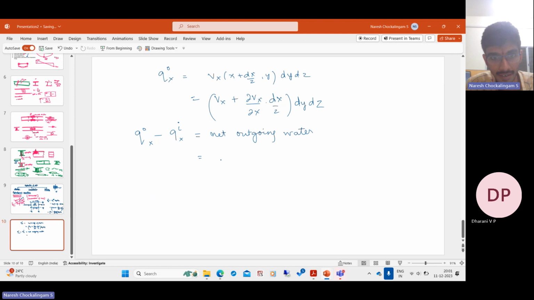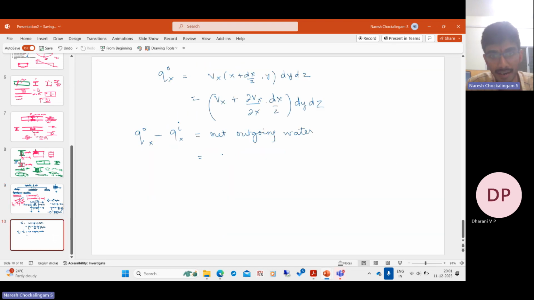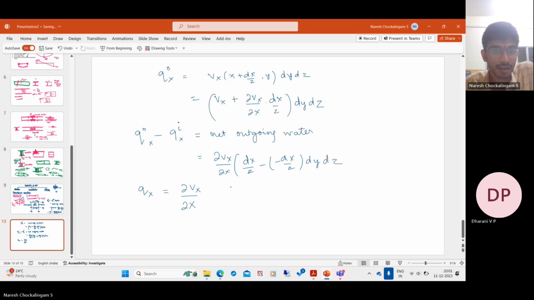If you subtract, Vx gets cancelled, and you're left with partial Vx by partial x, dx by 2 minus minus dx by 2, dy dz. So the net outflow in the x direction is partial Vx by partial x. Similarly in the y direction, you have partial Vy with respect to y, multiplied by this volume dx dy dz.